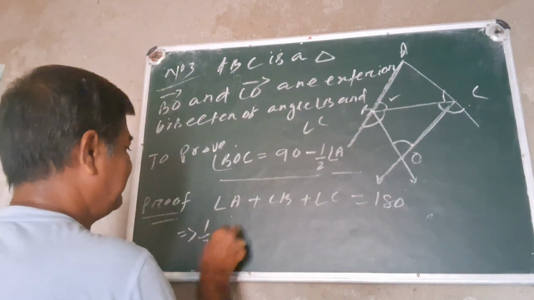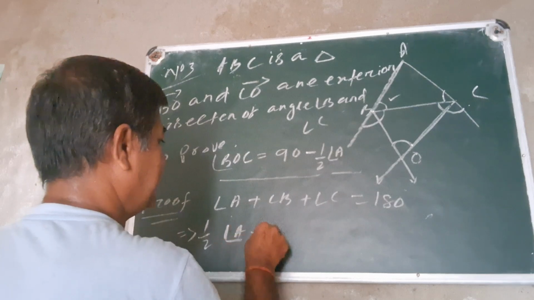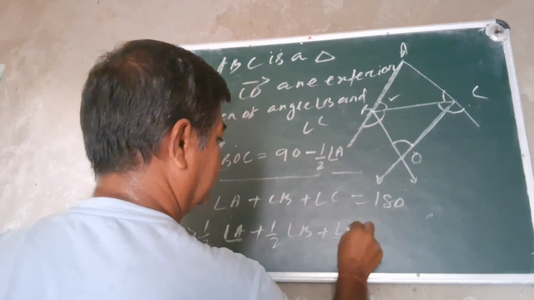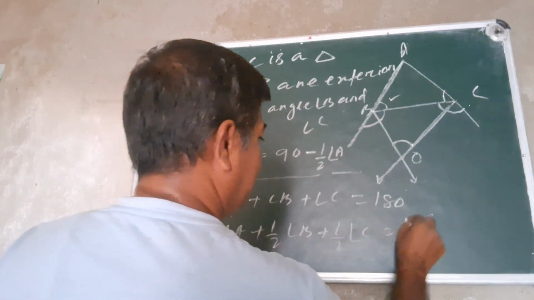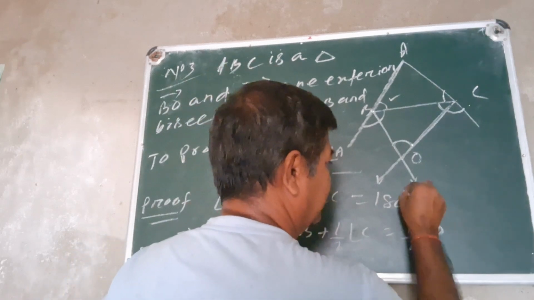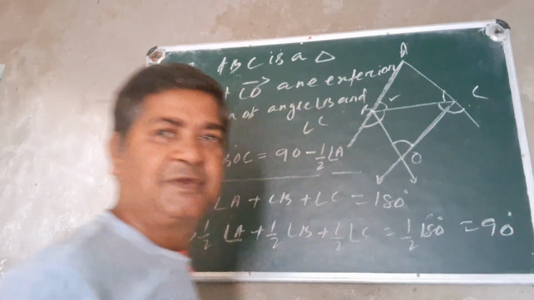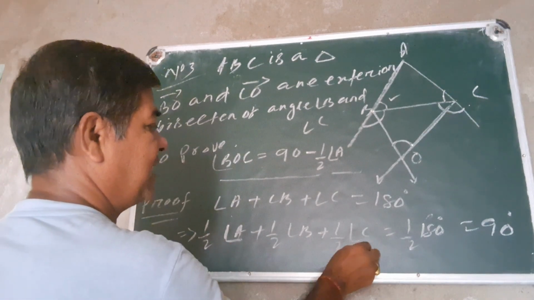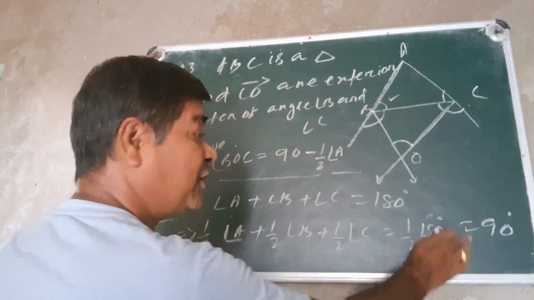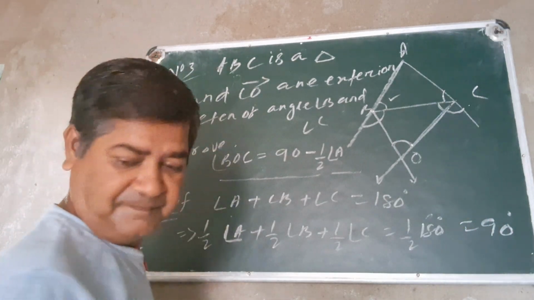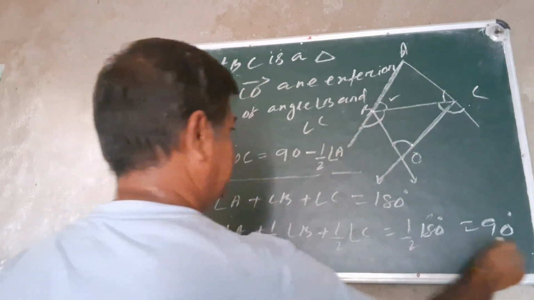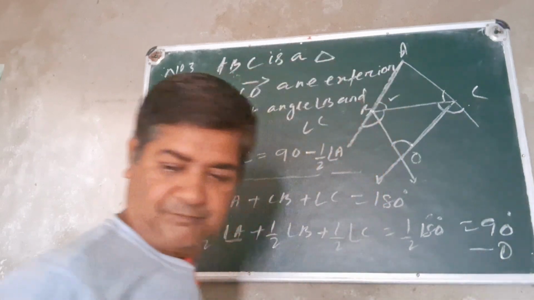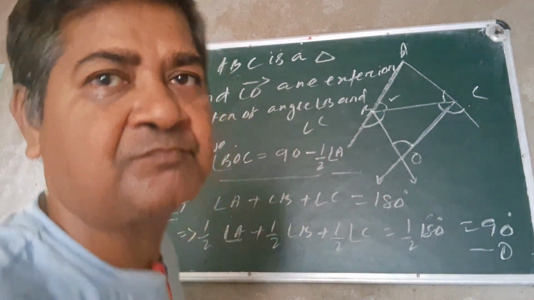That implies half of angle A plus half of angle B plus half of angle C equal to half of 180, that equal to 90 degrees. This is your equation 1. Proceed further.